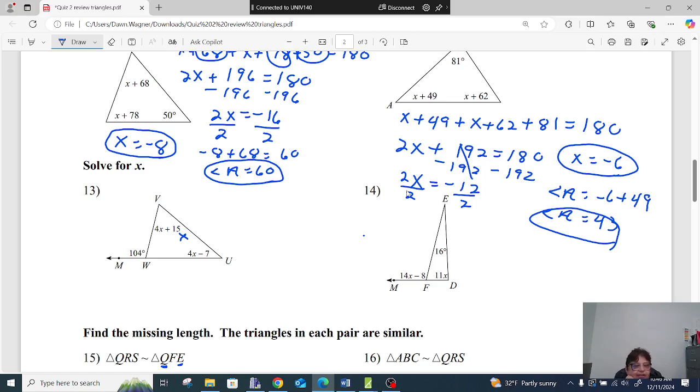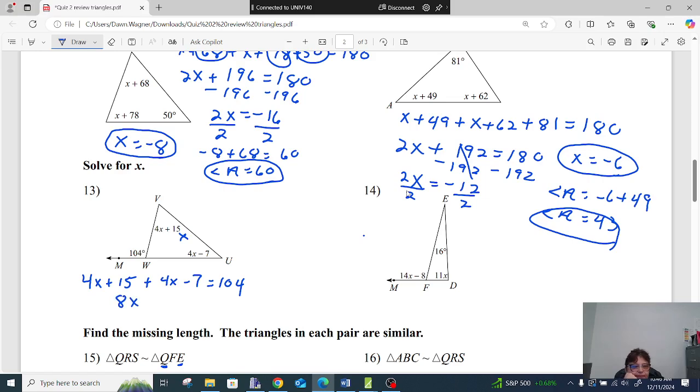This is called the exterior angle theorem. So it's going to be 4x plus 15 plus 4x minus 7 has to equal 104. So you're going to combine your like terms. 4x and 4x is 8x.